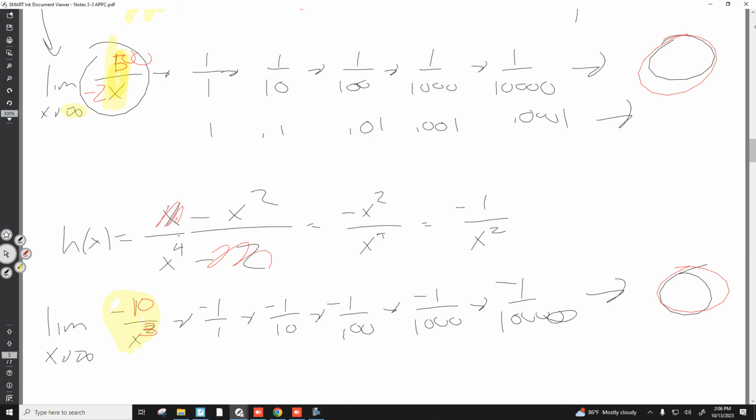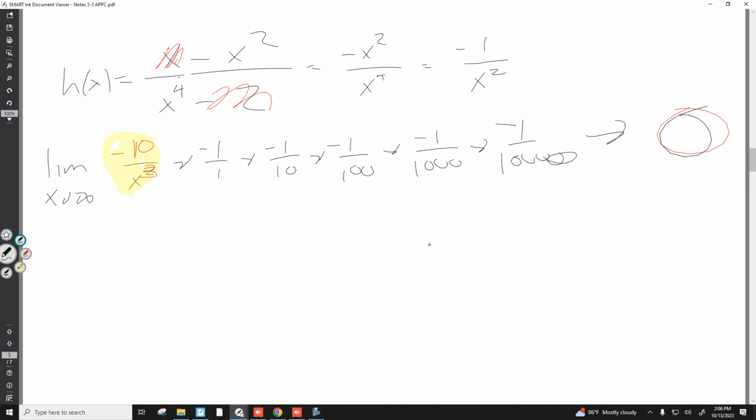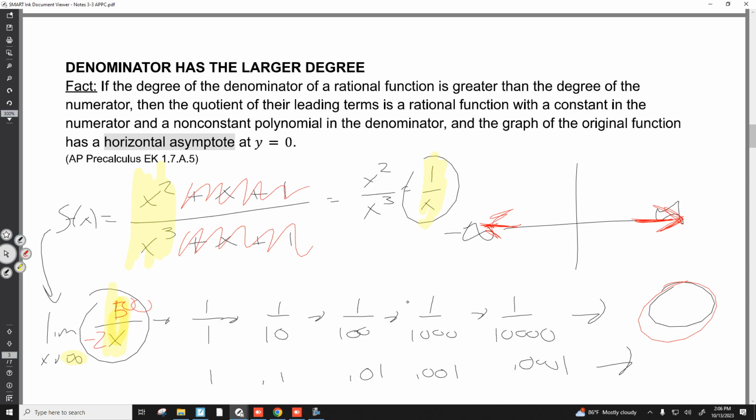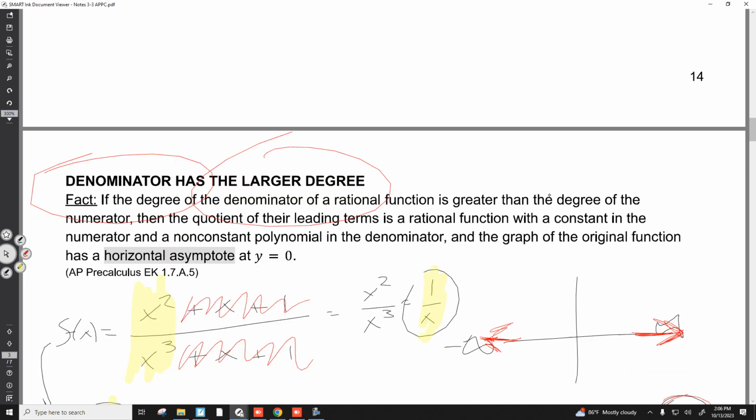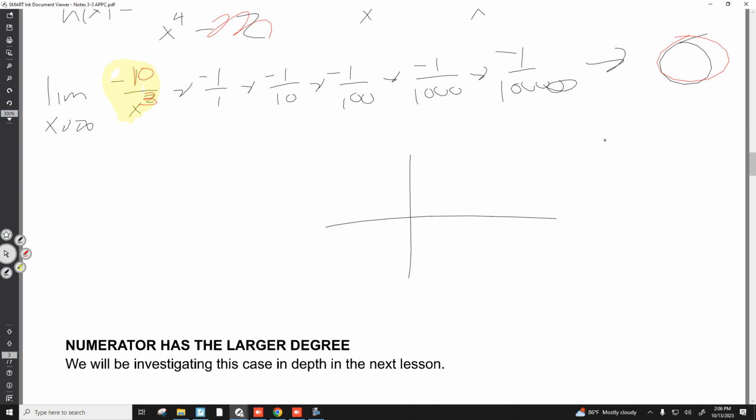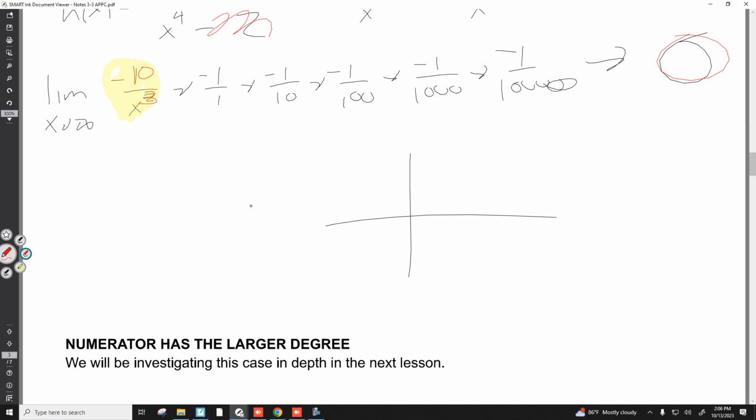Which means for that situation where you have a degree in the bottom that is larger, you will always end up with your arrows trending towards y equals 0. Bam, bam. At least we'll start there.